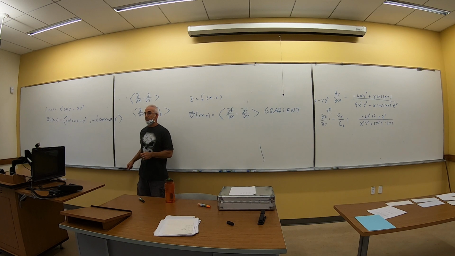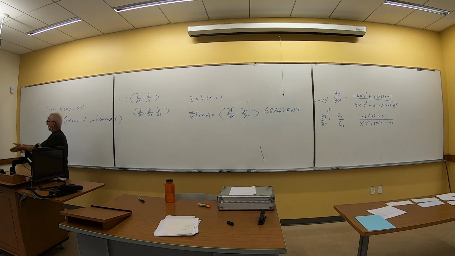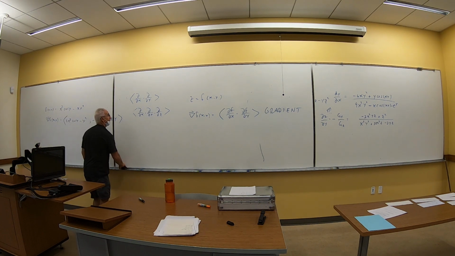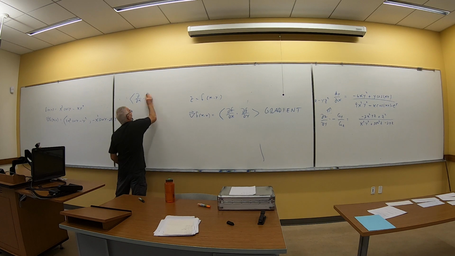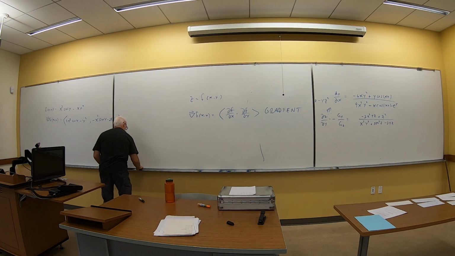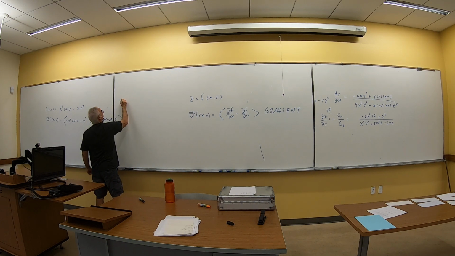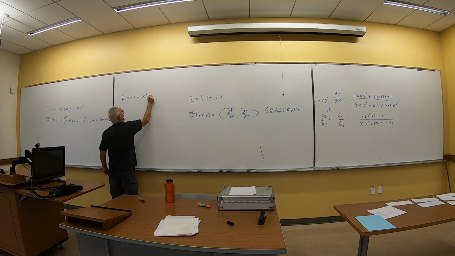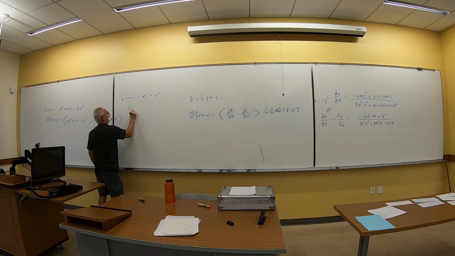Okay? But the problem is, wait a minute. Okay. Let's take something simple like our circular parabola, our bloomin' onion, okay? And I want to talk about the gradient of the bloomin' onion. This one's pretty easy to work with, okay?